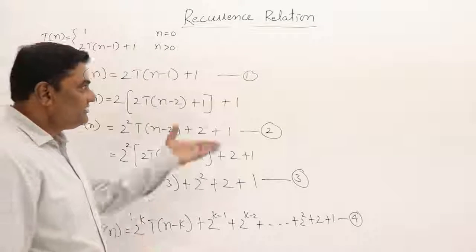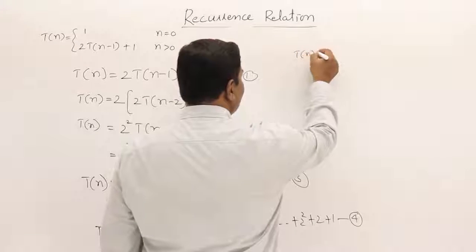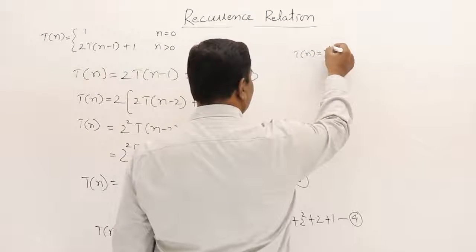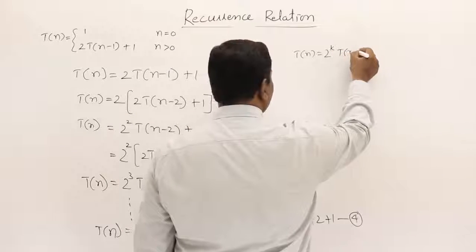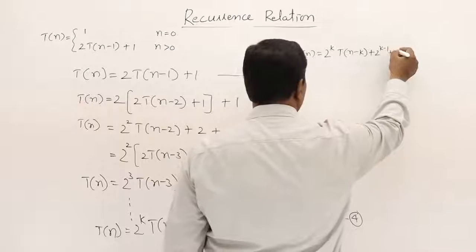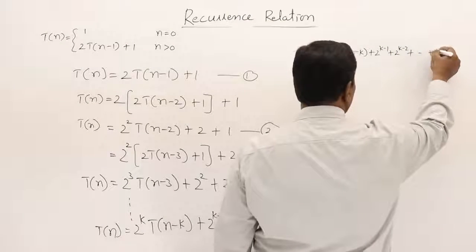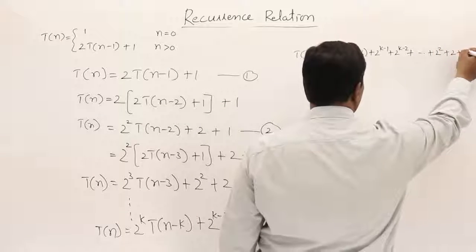Now I'll write the fourth equation here and continue: Tn is equal to 2 power k Tn minus k plus 2 power k minus 1 plus 2 power k minus 2 plus goes on to 2 square plus 2 plus 1.